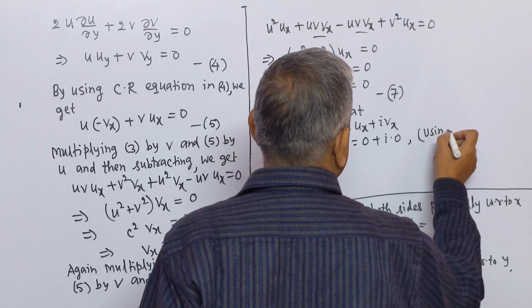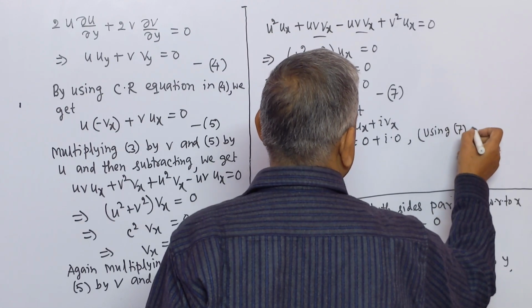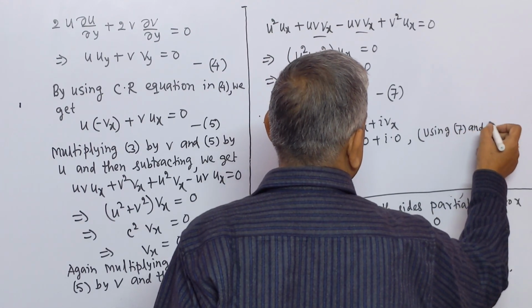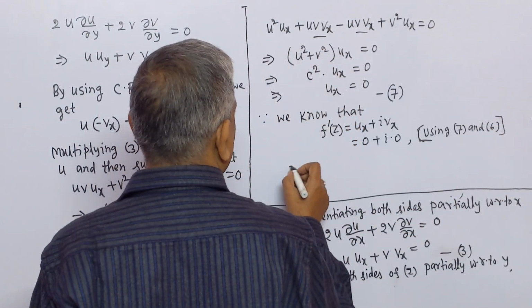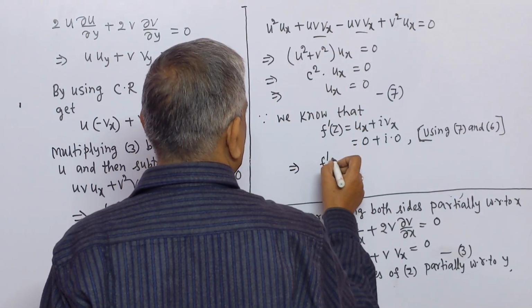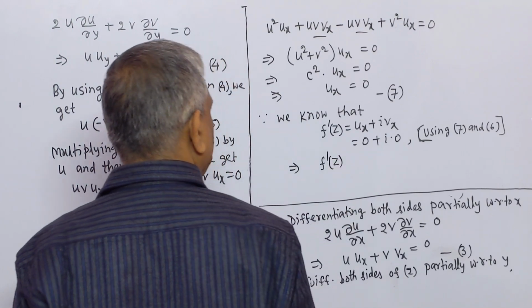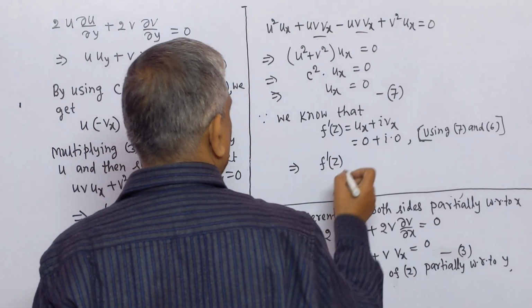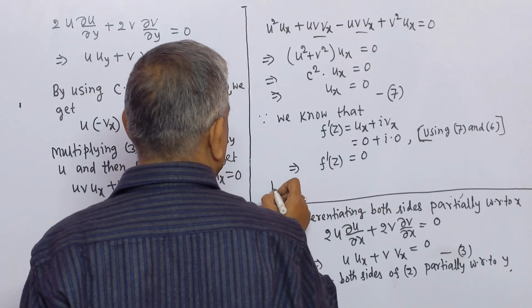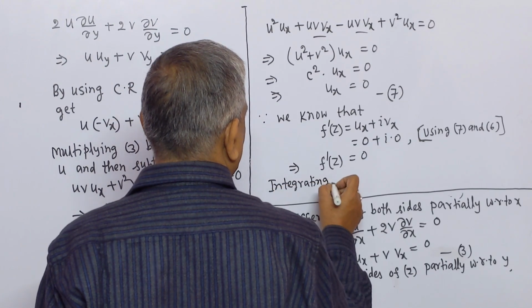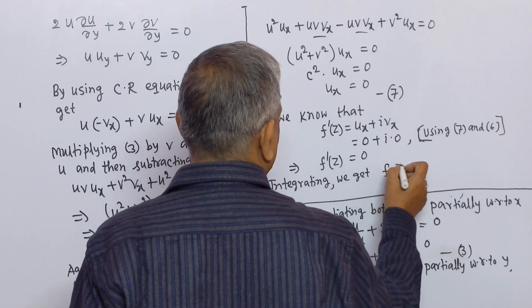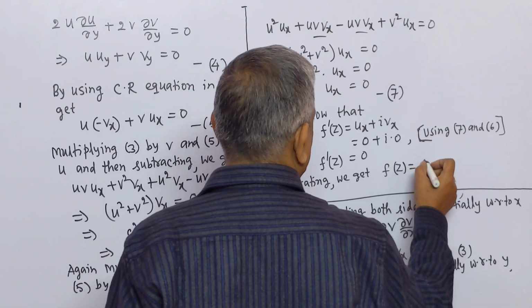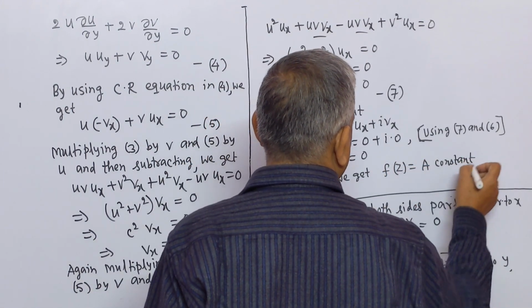Using 7 and 6, implies that f dash z, meaning derivative of f(z), equal to 0. Integrating, we get f(z) equal to a constant. Proved.